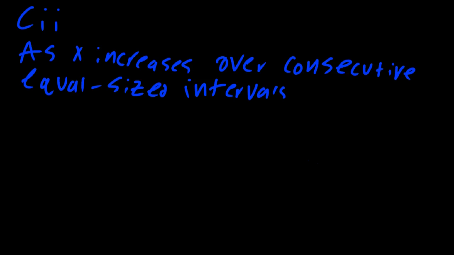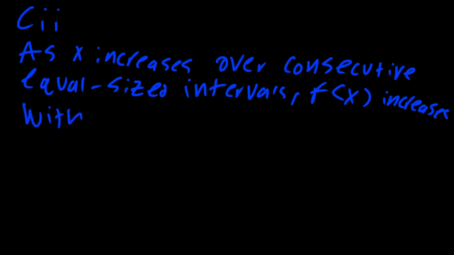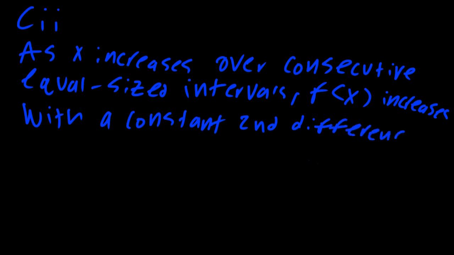So we're going to write down, as x increases over consecutive equal sized intervals, f of x increases with a constant second difference, and the second difference was 4. So with a constant second difference of 4.